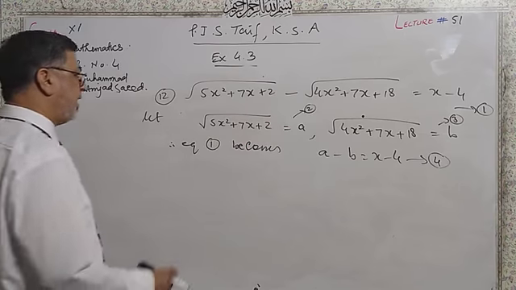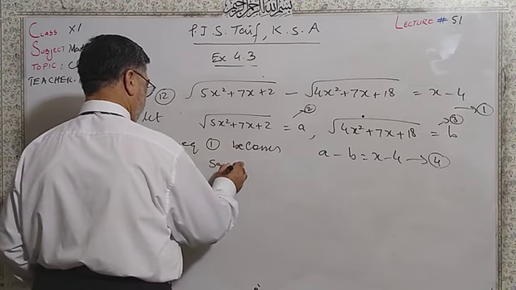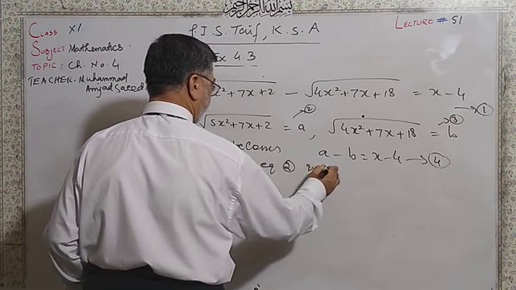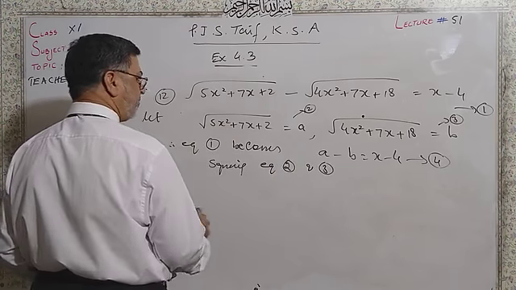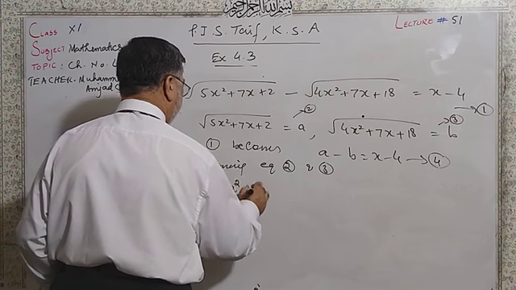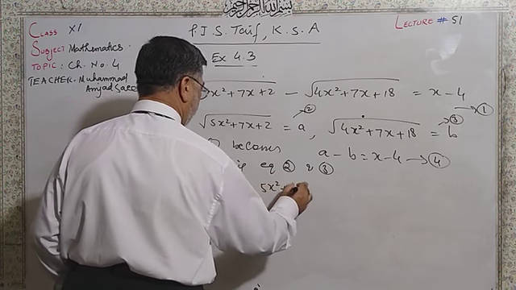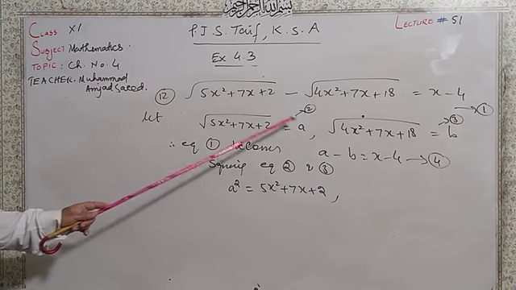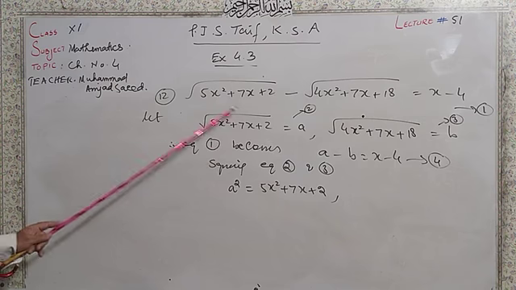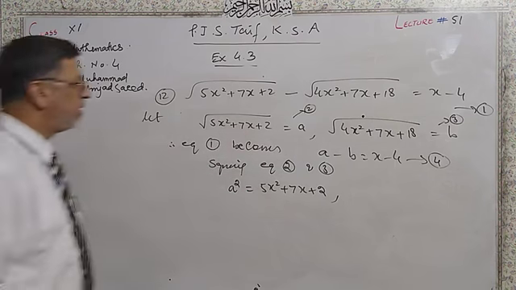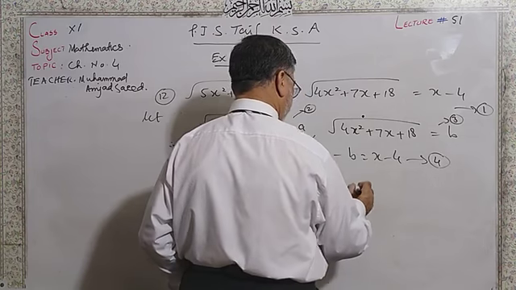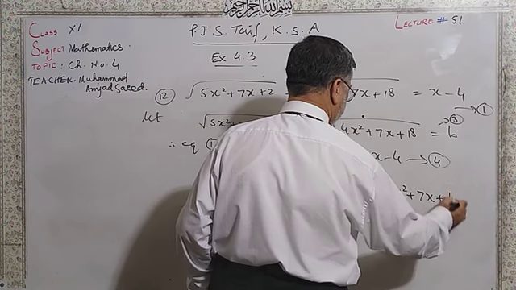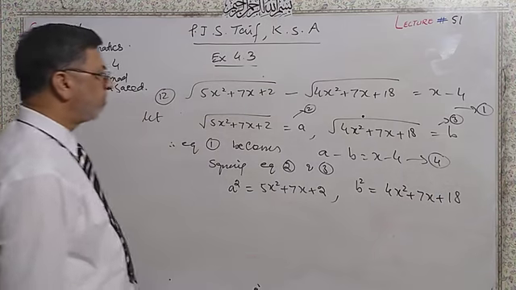First you will take the square. Squaring equations 2 and 3, what you will have? That will be a square is equal to 5x square plus 7x plus 2. Remember that when you take the square of 2, it becomes a square and the square root will be cancelled out here. Similarly, for the second, b square is equal to 4x square plus 7x plus 18.